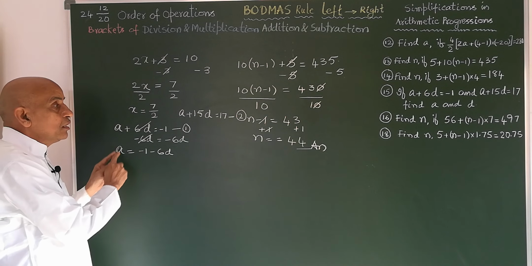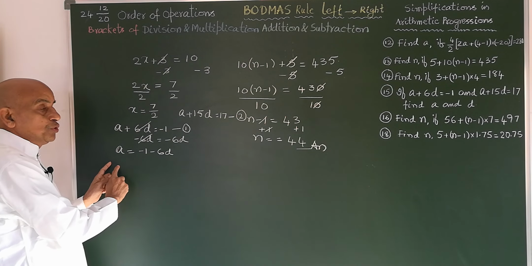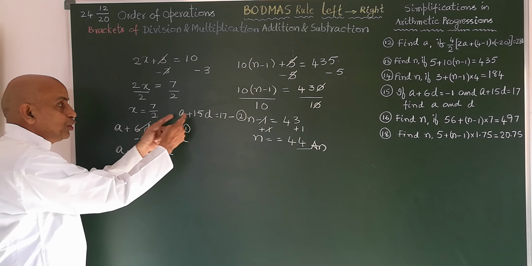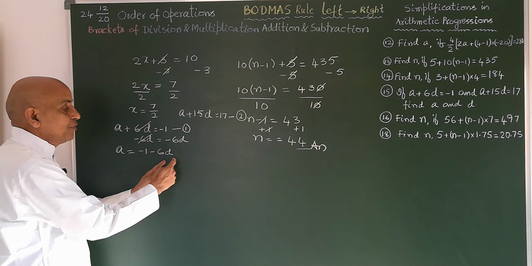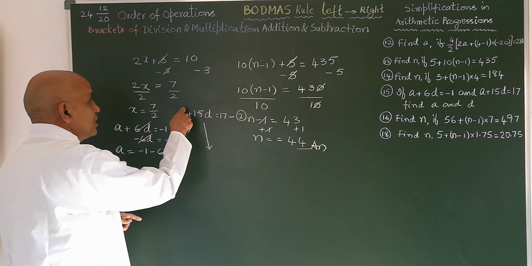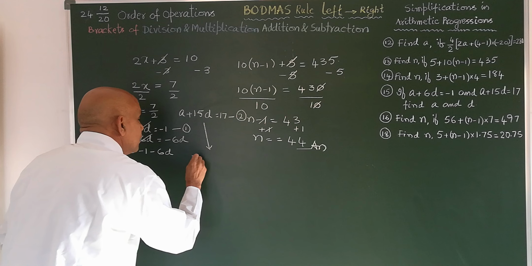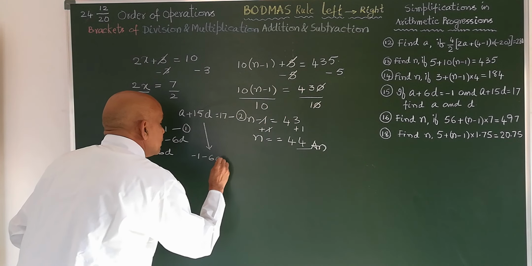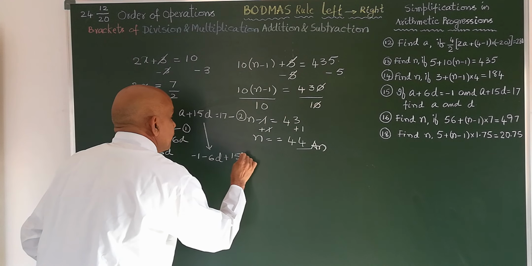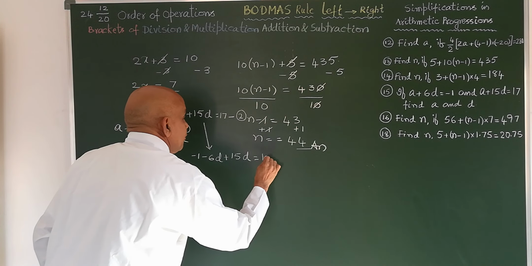So this is called elimination by substitution. What we are eliminating? We are eliminating a by substituting its value, which is in terms of d. Then the second equation becomes, wherever a is there, we will substitute this minus 1 minus 6d, then plus 15d is equal to 17.